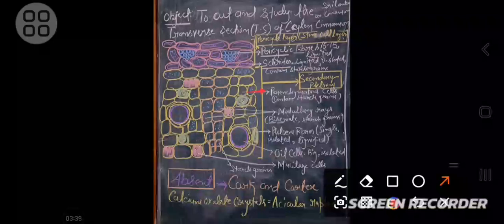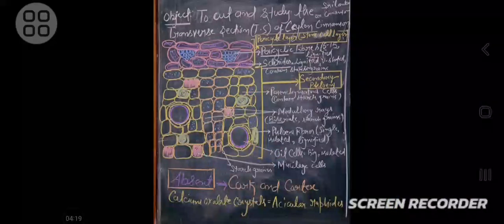Another cellular structure found as a characteristic feature is the presence of oil cells, and the oil cells contain volatile oil. These are big and isolated. This is the characteristic feature, that is the big shaped volatile oil containing glands are present here.